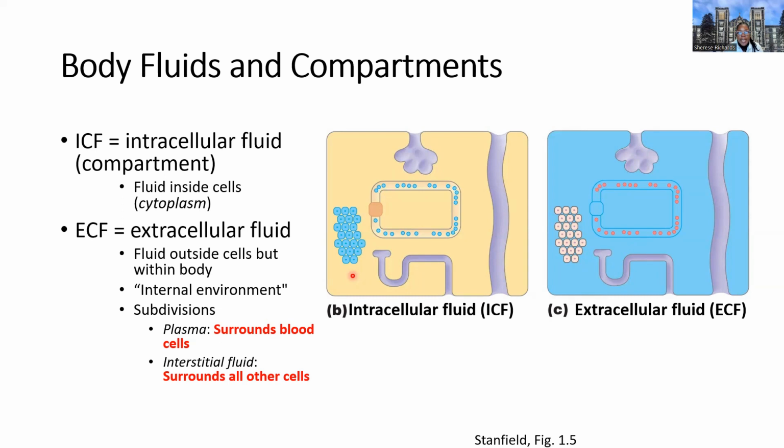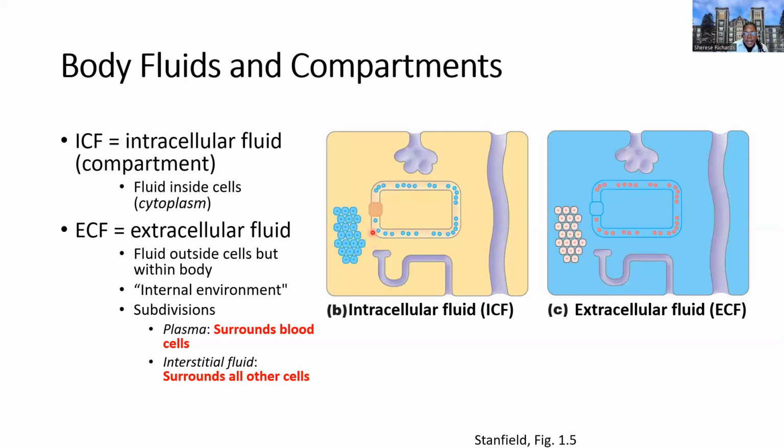Now, we also have the extracellular fluid, which is the larger compartment of all the fluid that is not inside your cells. It's in your body, but it's not within your cells. So this can further be divided into plasma. It's outside your cells, but it's inside your blood vessels, okay? So it's a subcompartment of the ECF that is inside your blood vessels.